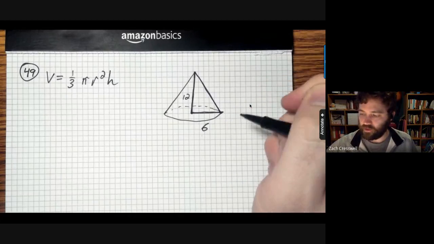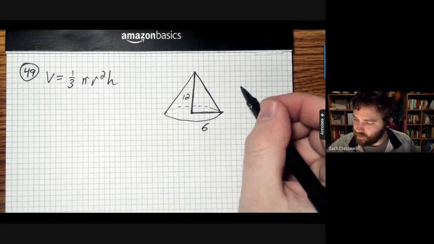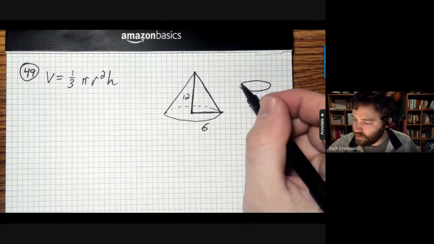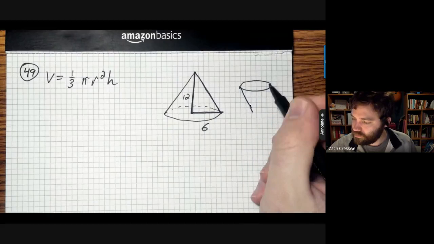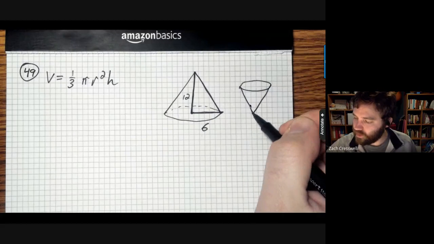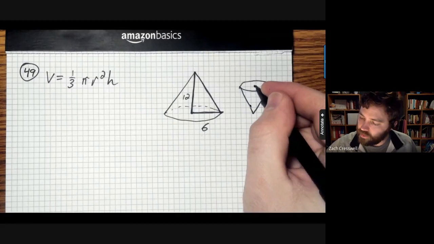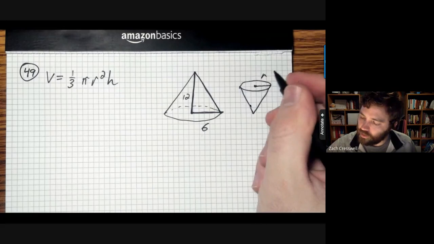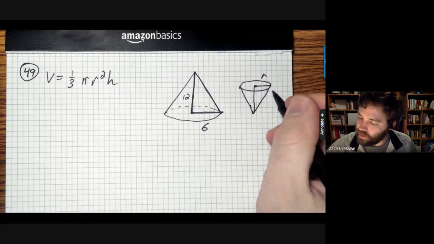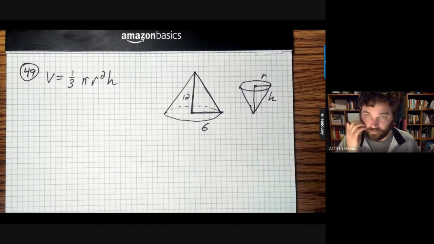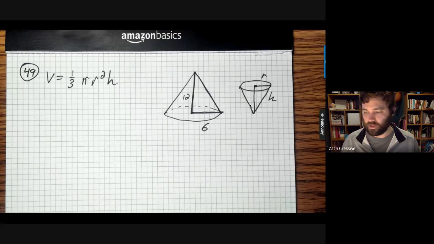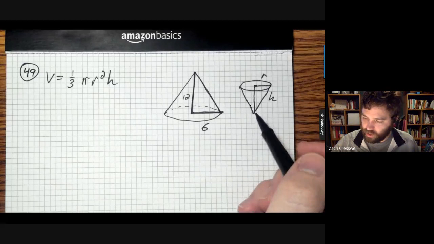So we have this triangle here to here to here. And that's going to be similar to the triangle in the smaller cone, which is upside down, like this. We don't know what r is here, so we'll call that r, and we don't know what the height is, so we'll call that h. These triangles are similar, so we can set up a relationship between them.